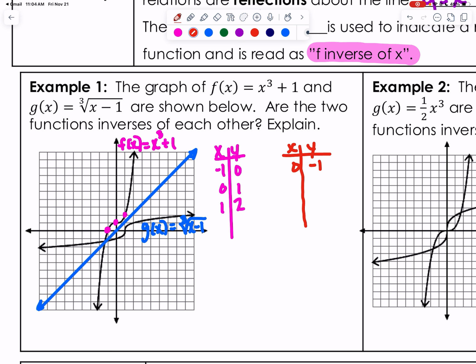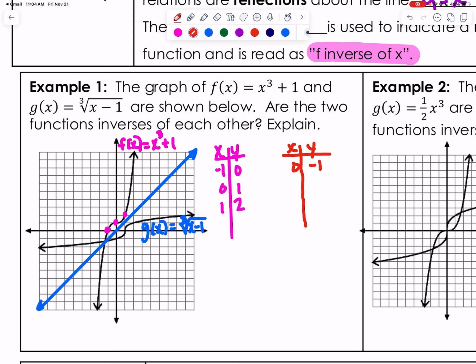In order for g of x equals cube root of x minus 1 to be the inverse, it would have to contain these 3 new points that have been switched. So let's see if it does. 0, negative 1. Yep, that's there. So let me put a check mark. 1, 0. Yep, that's there. And 2, 1. That's there. So because the points have all been reflected across the line y equals x, I know they're inverses of each other. Now let me state that.